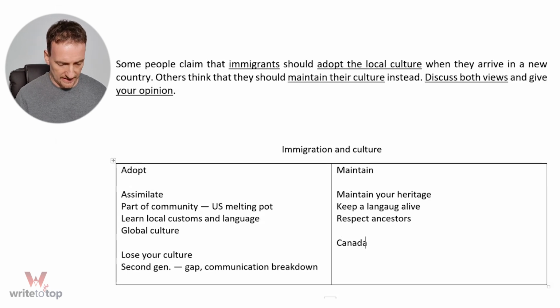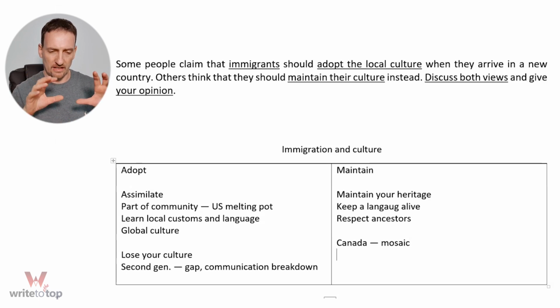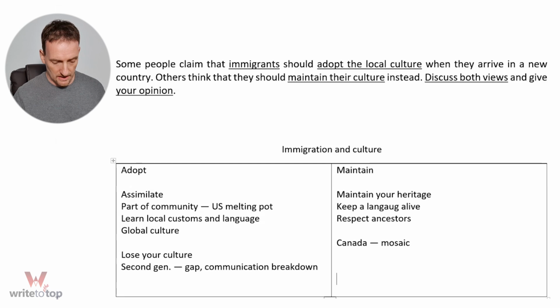Maintain. So again, in Canada, which is a little different from the US, we have something called a cultural mosaic. In Canada, everybody keeps their culture and then becomes Canadian. So you're Indian, you're Chinese, you're European, whatever, first, and then you're Canadian second. Again, some people think it's good, some people think it's bad.